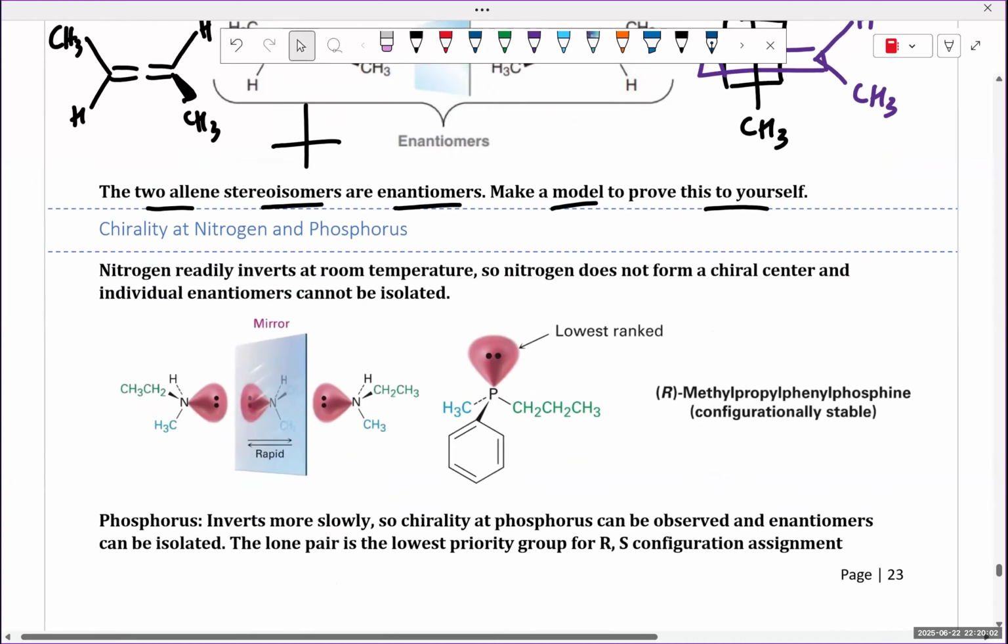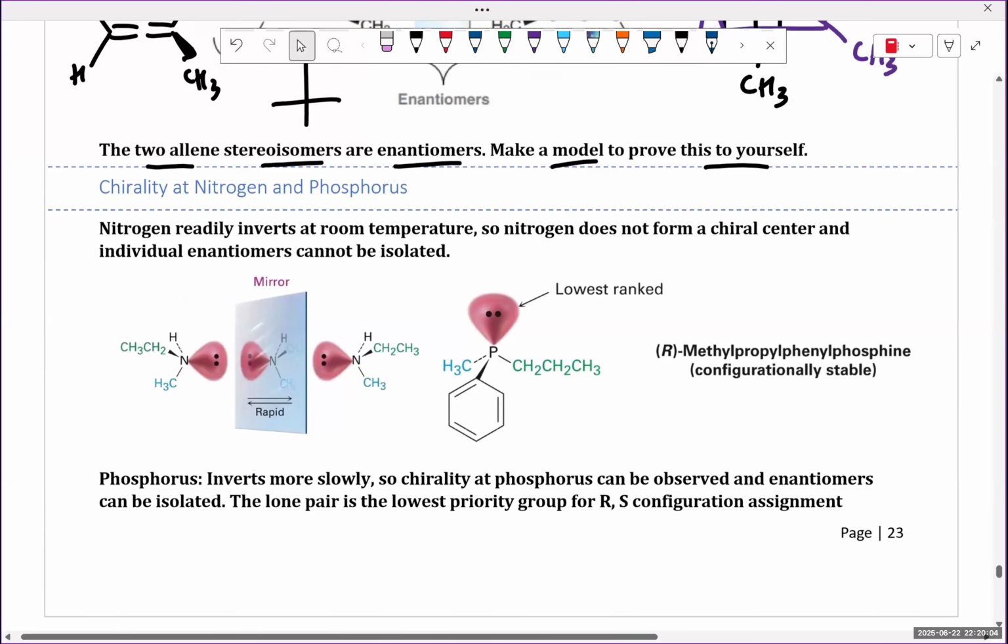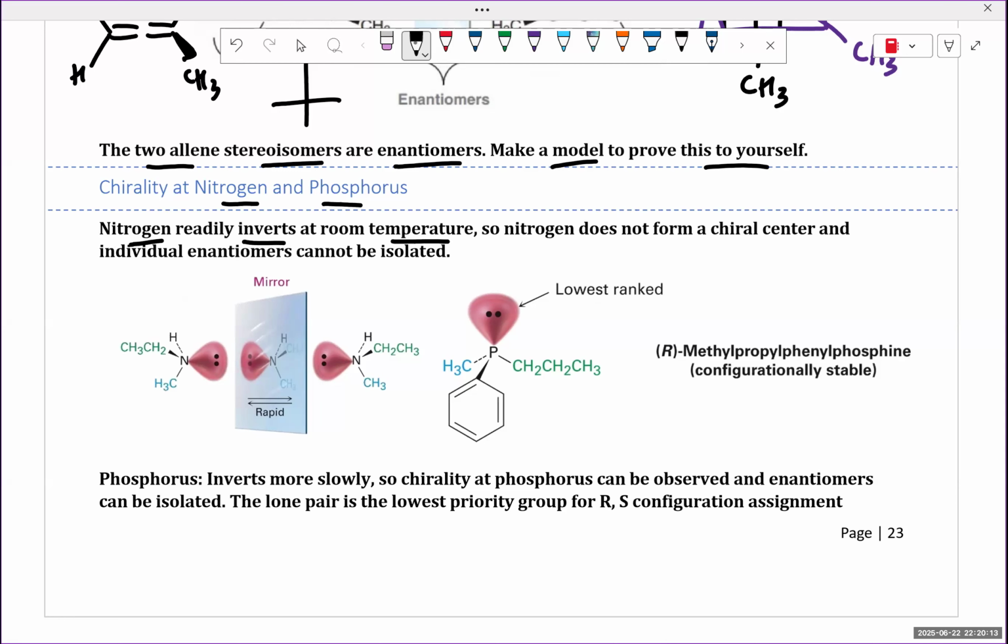The last example of unique examples of chirality are at nitrogen and phosphorus. Nitrogen is not particularly useful as it readily inverts at room temperature, so nitrogen does not form a chiral center that is useful, and individual enantiomers can't be isolated. For phosphorus, because it inverts more slowly, chirality at phosphorus can be observed and enantiomers can be isolated.